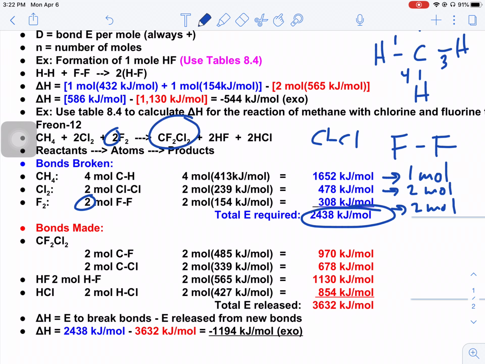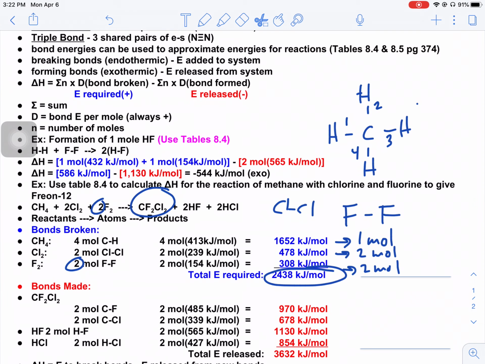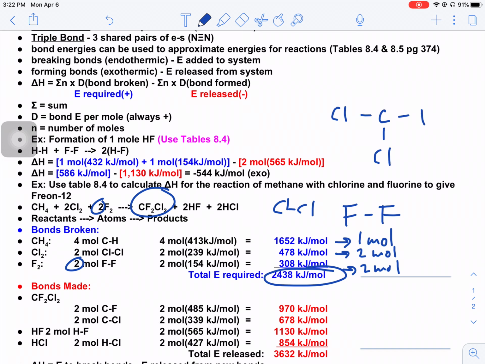All right, now let's start with this carbon fluorine chlorine compound. And I think the best thing I can do here is draw it for you. So I know that carbon's going to be in the middle. It's going to have 2 chlorines attached to it and 2 fluorines attached to it. Now the coefficient from the balanced equation, there is no coefficient, okay?